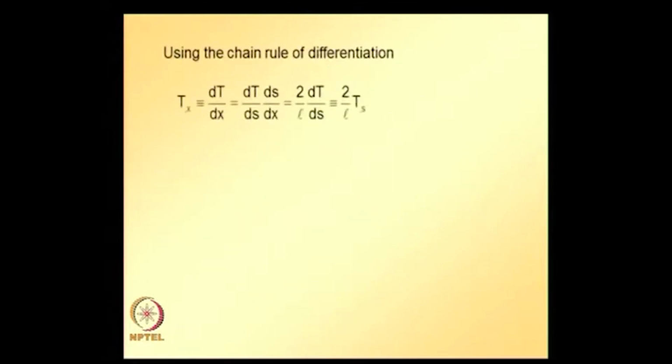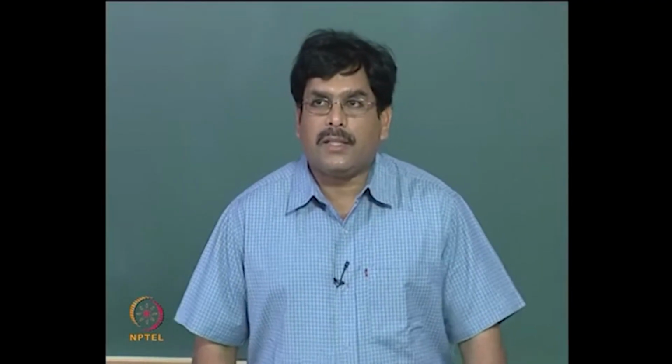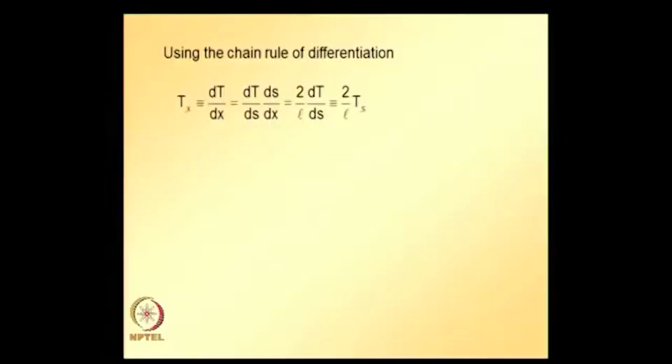Using the chain rule of differentiation, the derivative of T with respect to x can be written as dT over ds times ds over dx. Just now we have seen ds over dx as 2 over L, where L is the length of the element. So substituting what we have in the previous equation, that is ds over dx is equal to 2 over L, we get what is shown there.